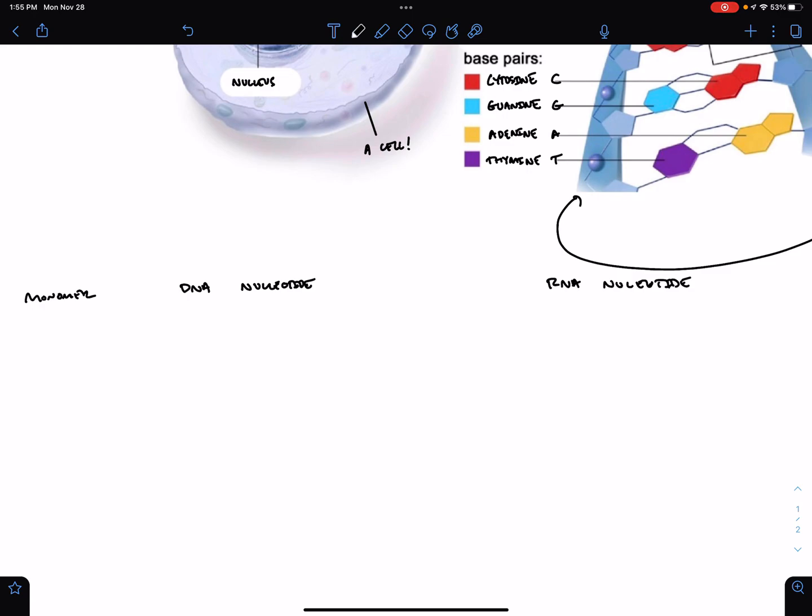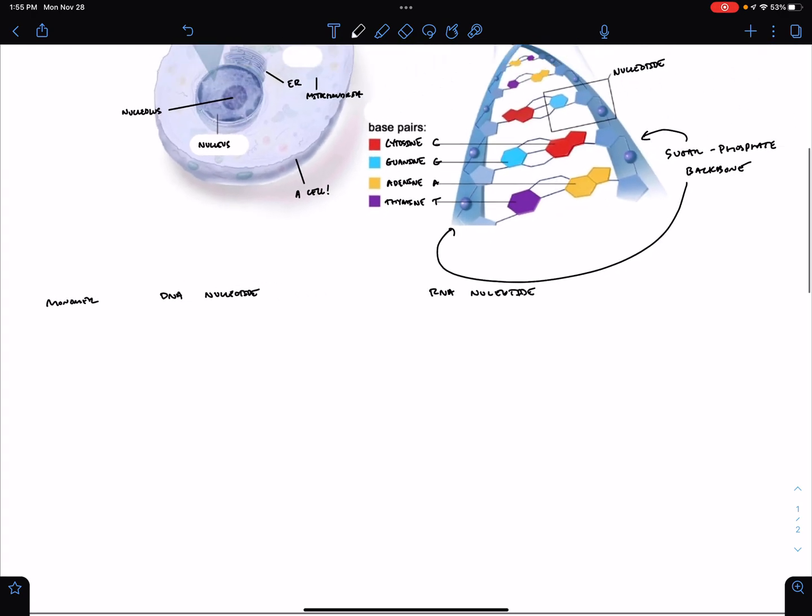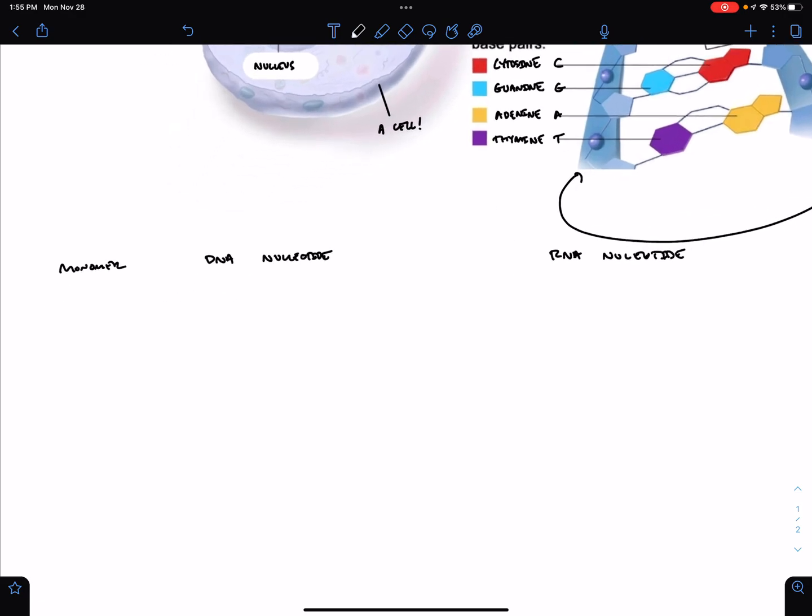DNA versus RNA structure. A sugar ribose, deoxy sugar, yeah, okay. So it's a type of ribose that lacks one oxygen atom. Oh, my original instinct was right. Okay, so structurally they're very similar with a few key differences.